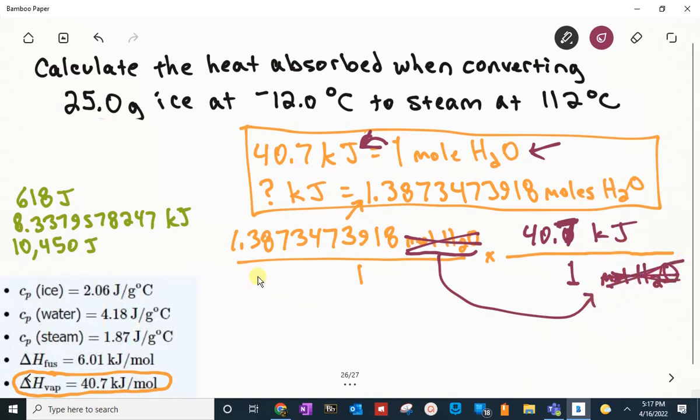So now we have 1.38734739118 times 40.7, which gives us 56.4650388463 kilojoules.